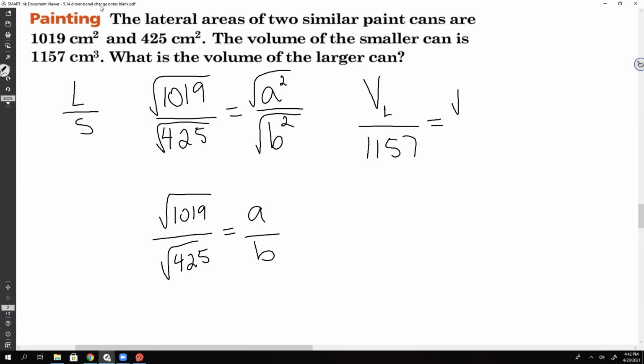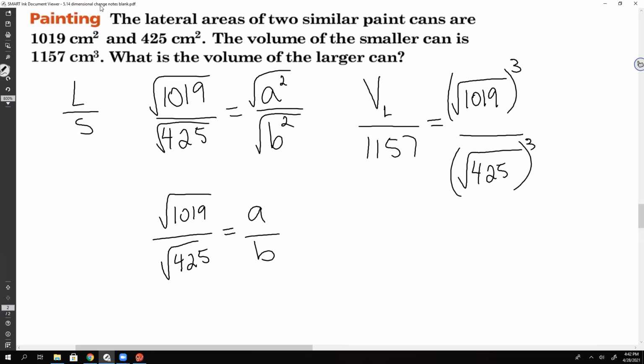So we need to do the square root of 1019. I know it's going to look weird. We have to put that in parentheses and cube that. And then the square root of 425, and again, cube that.